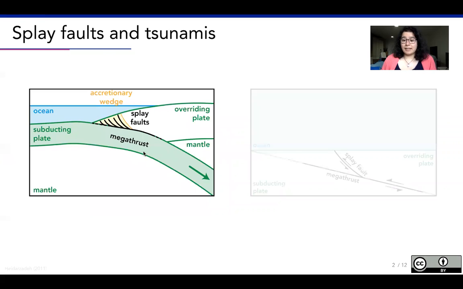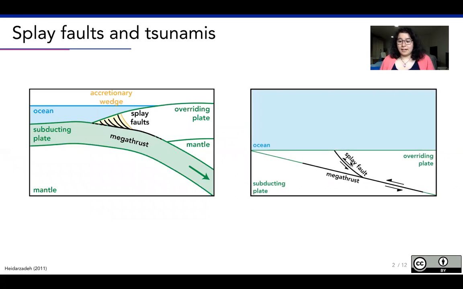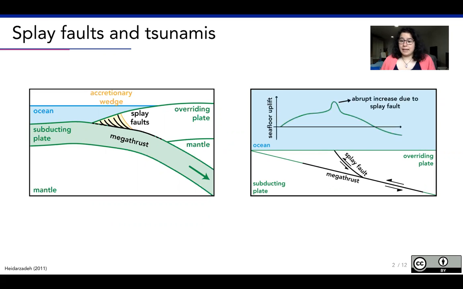We can again look at this in this figure here, a bit more simplified with one splay fault. And if the rupture goes on the splay fault, you can imagine that with the same amount of slip, you will actually get more vertical displacements here than you would have if the rupture stayed confined to the megathrust. So that would look something like this.